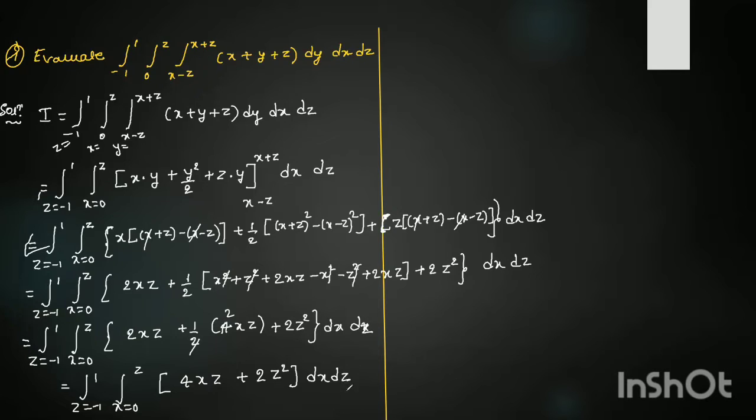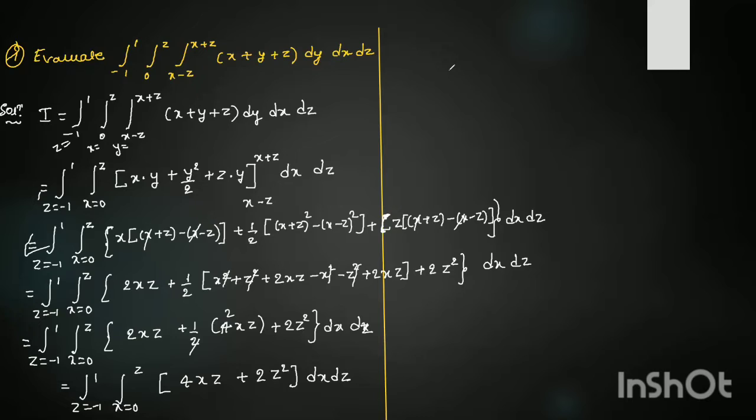Now we have to integrate with respect to x. Yes. So here we have x, but here we don't have x. It is a constant term, so we have to multiply x here. Here it will be x square by 2.